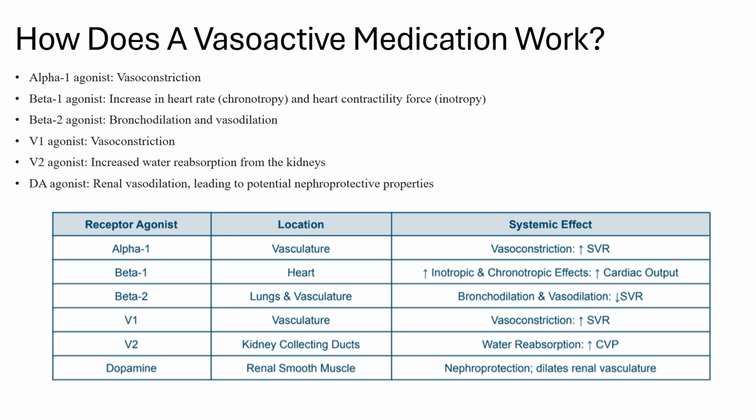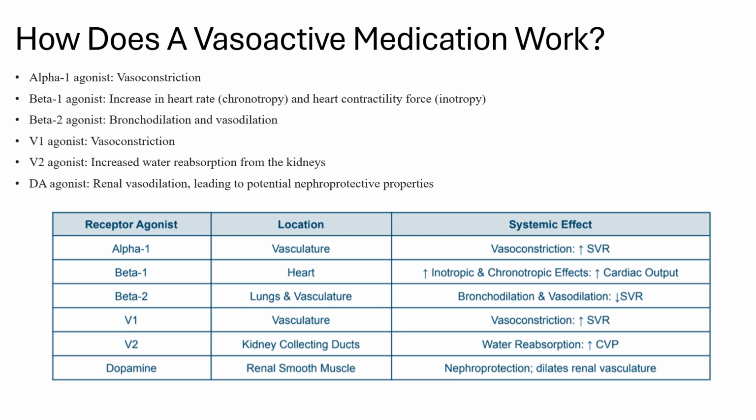When you think about your beta-1s, remember you have one heart, versus your beta-2s, you have two lungs. So your beta-1s are primarily going to work on the heart, and you're going to get that contractility piece with it. Your beta-2s are going to be your lungs and your vasculature, so it's going to help with bronchodilation and vasodilation. It's going to affect your SVR.